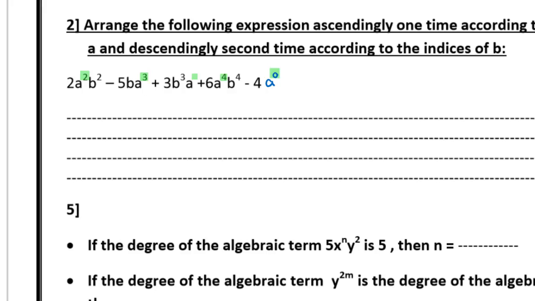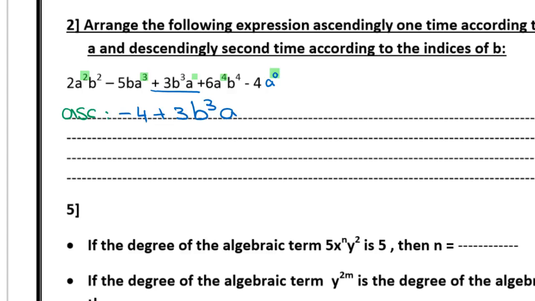Let's go and see how we are going to arrange them ascendingly. We know that when we are arranging ascendingly, this means we want to make it from the smallest to the greatest. The term here which has the smallest power for a is negative 4. And then the next one is plus 3, b to the power of 3, a to the power of 1.